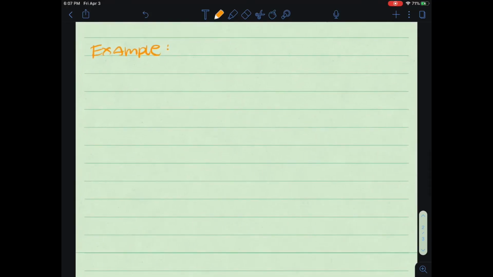So for this example here, what we're going to be doing is we're going to find the value of each of the 6 trig functions of the angle theta.